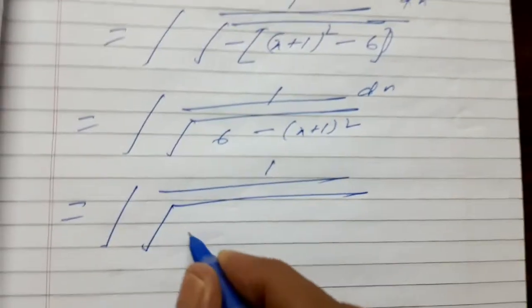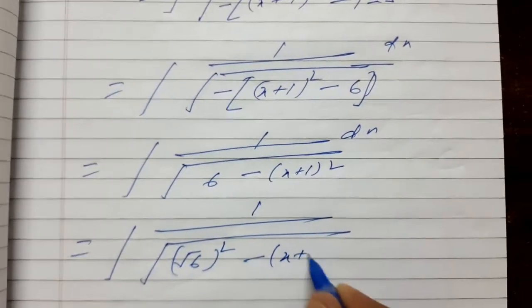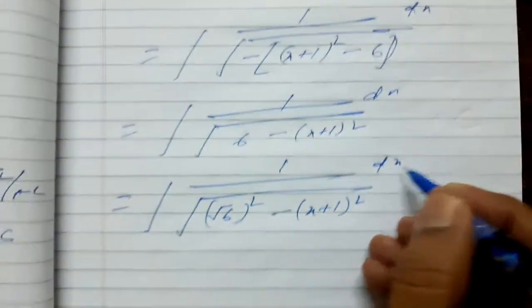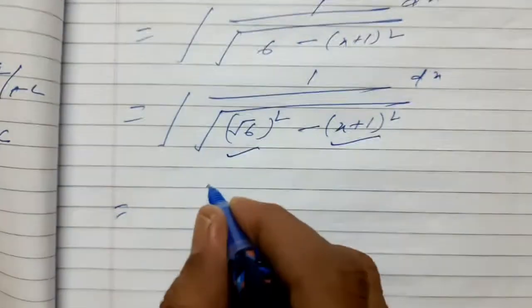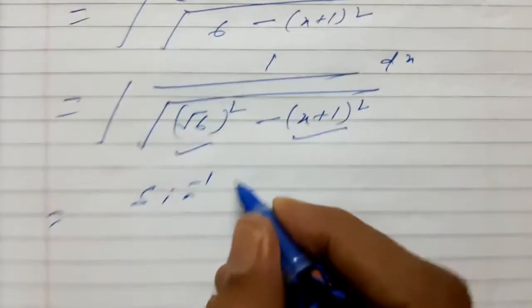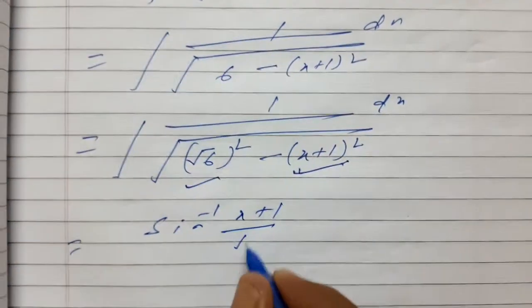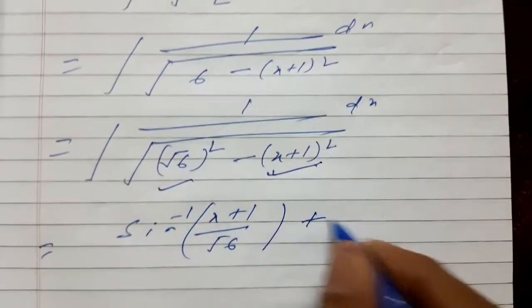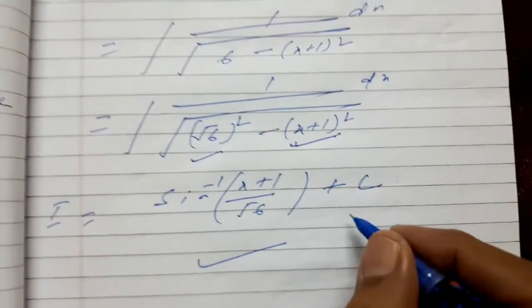And as we have to make the structure of a special integral, we can write root 6 as a whole square minus x plus 1 whole square, and this is dx. So we are getting the model a square minus x square, and for that we have the answer sine inverse x. For x, here x plus 1 upon root 6, and don't forget to write c, because this is a constant. So the integral value for this question will be sine inverse of x plus 1 upon root 6 plus c.